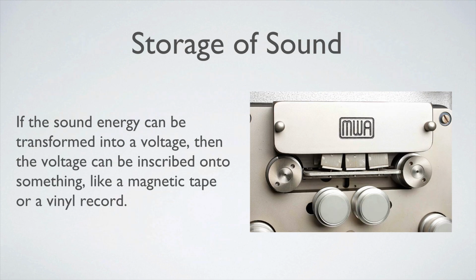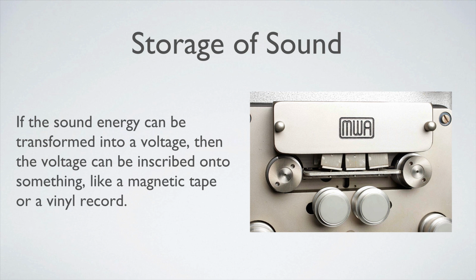Just like we can detect sound using microphones, we can store sound on magnetic tape or on a vinyl record. So the sound that is detected by the microphone is turned into voltages, and those voltages can be used to power an electromagnet here that magnetizes the tape as it passes past the magnetic tape head, so to speak.